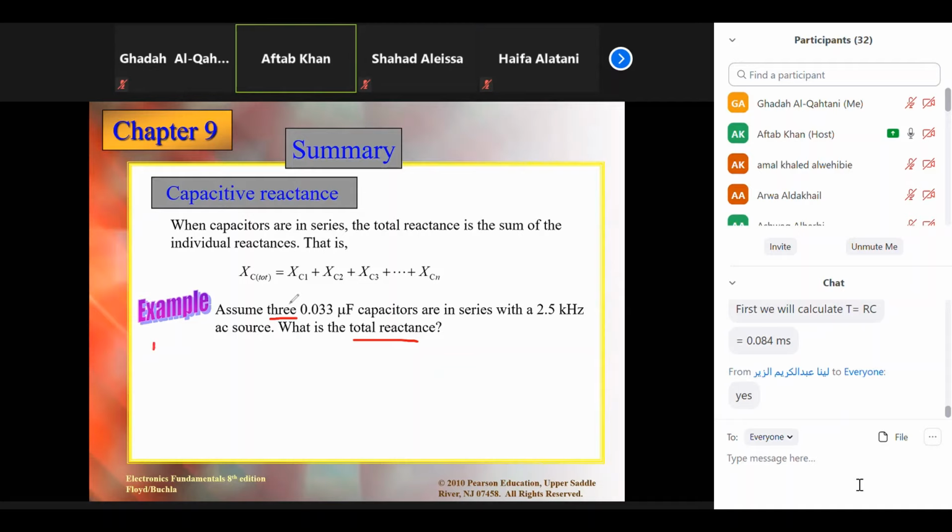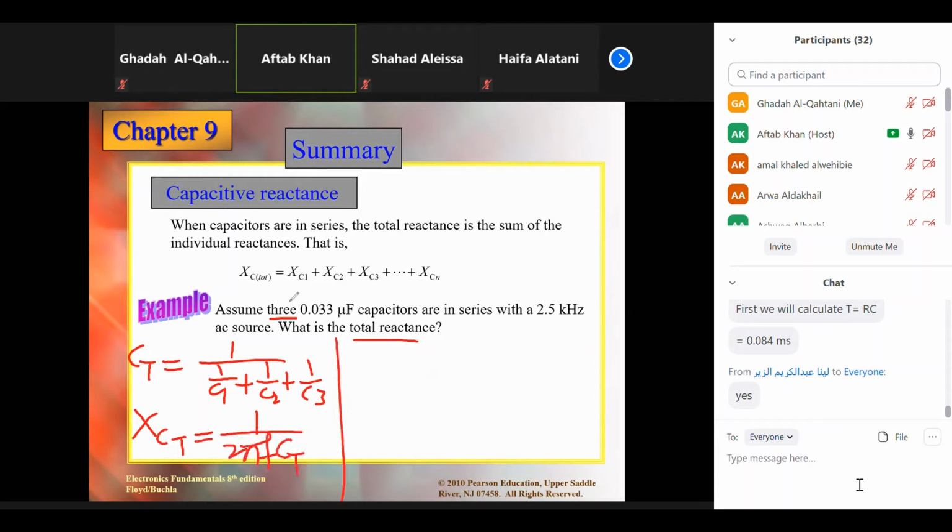So either you can use this formula, the reciprocal of the sum: 1 over C total equals 1 over C1 plus 1 over C2 plus 1 over C3. After getting this, you can say XCT, which is going to be 1 over 2 pi F CT.